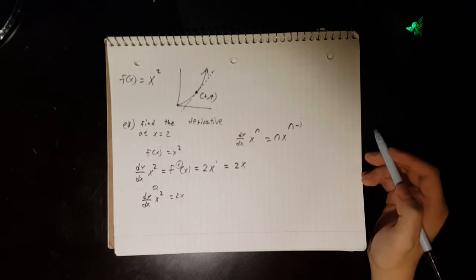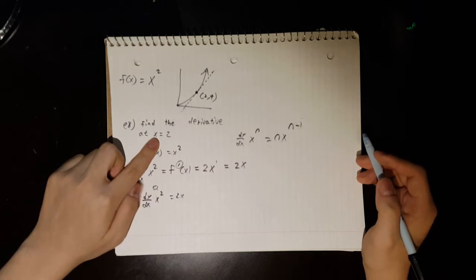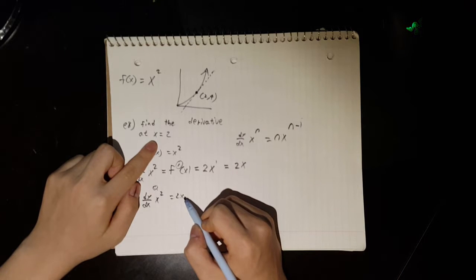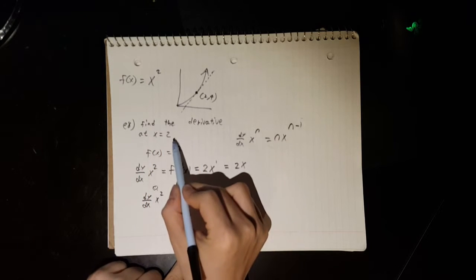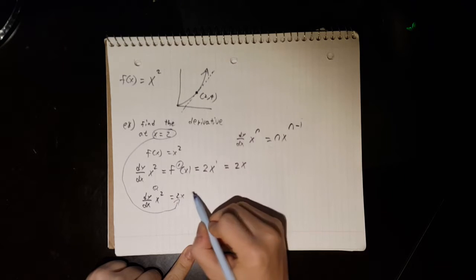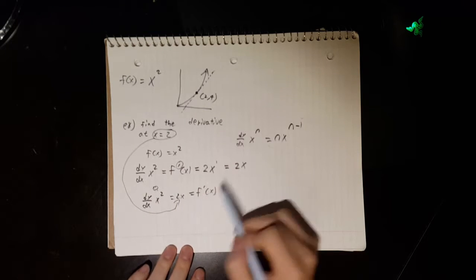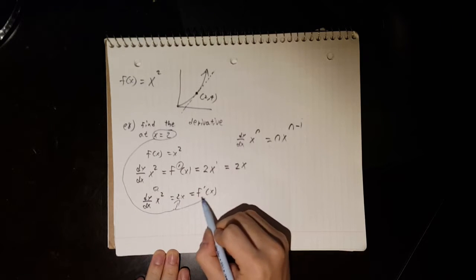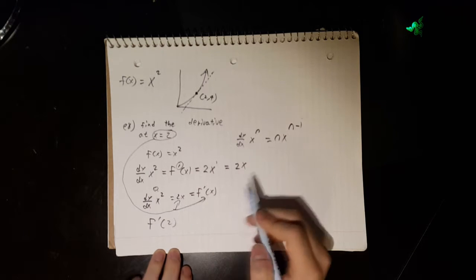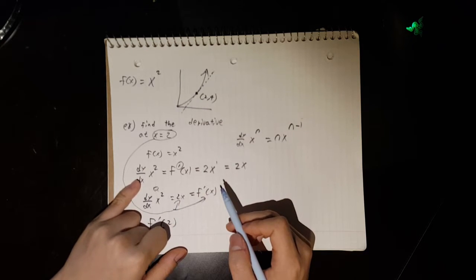Now we just substitute in 2. I'm just rewriting what I wrote, and you can also write this as f prime of 2, because we're substituting 2 into the function we got from taking the derivative of x squared.